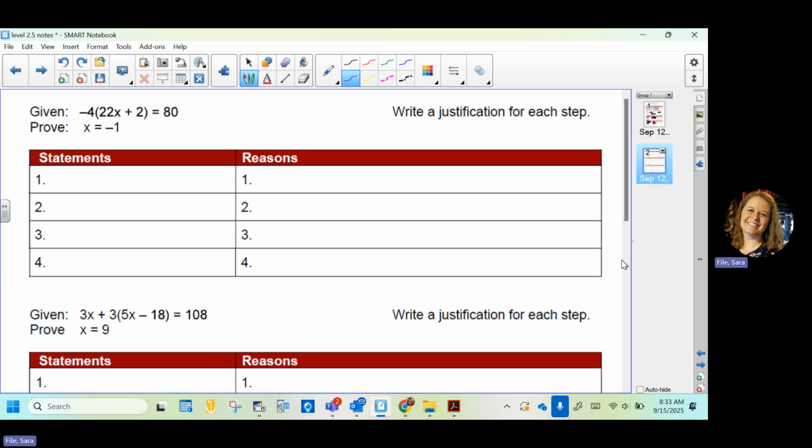Okay, so what are you going to start with? What's your first statement here? Good. The first statement is -4 times (22x plus 2) equals 80. And the reason is given. What is going to be my last statement? What's going to go right here?